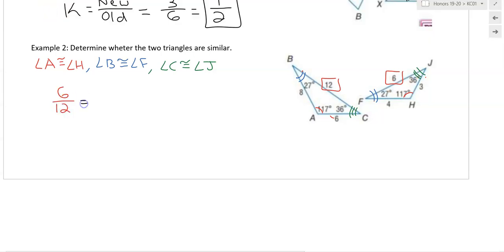That should equal, let's go here, I'm going to choose 6. Well, 6 is my smallest number out of all 3 of these, and my smallest number. All right, so those are my matching. New over old, so 3 over 6.